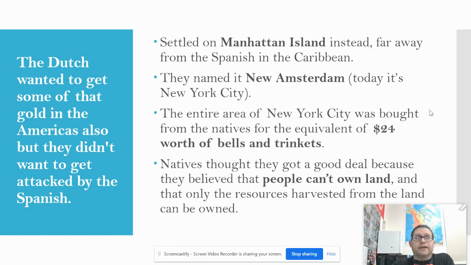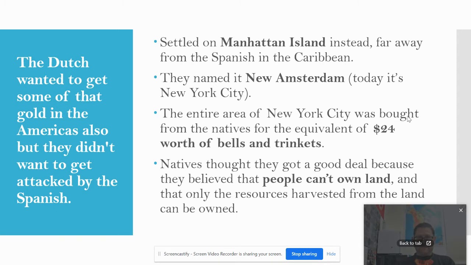And the natives thought they got a great deal because they thought that these Europeans didn't understand how things work, and they didn't think that you could buy land because you can't buy something that can't be made. You can buy resources from the land, but they didn't think that you could buy the land. So they thought they had a really great deal, and they ended up leaving the island and letting the Dutch live there.